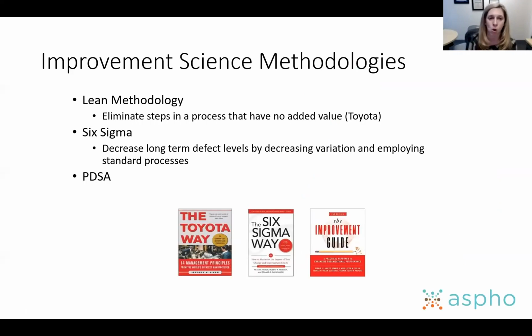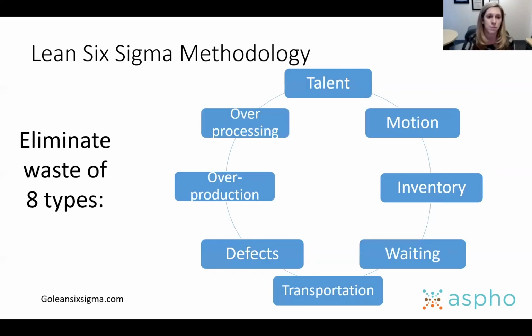There are whole libraries full of improvement science methodologies that have been published and written about and thought through and dissected. I list a few of them here: Lean methodology, Six Sigma, PDSA. I'm not going to go through these in detail. They've even been combined. The Lean Six Sigma methodology is one whose main driving force is to eliminate waste. And they characterize waste into one of these 8 categories in which waste can occur.